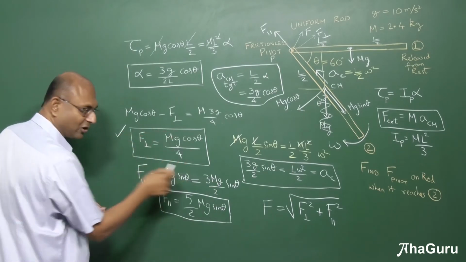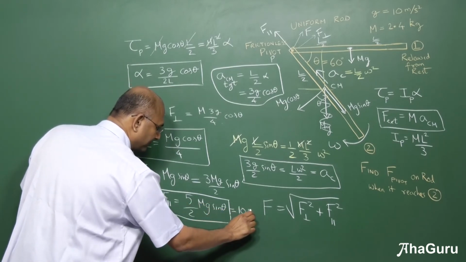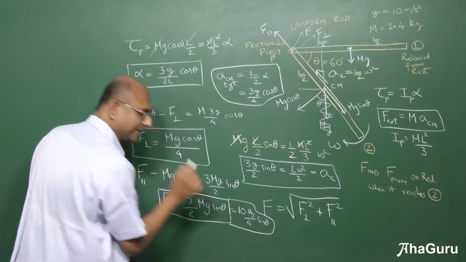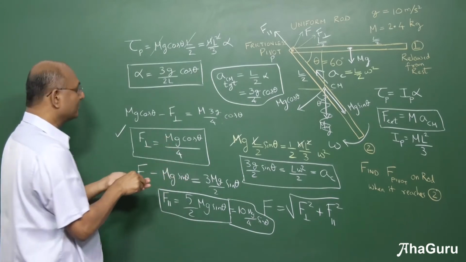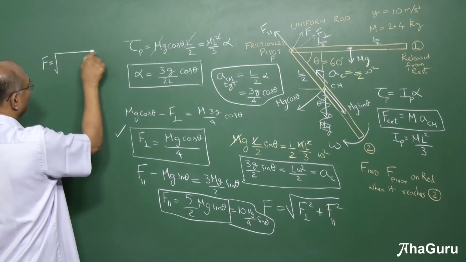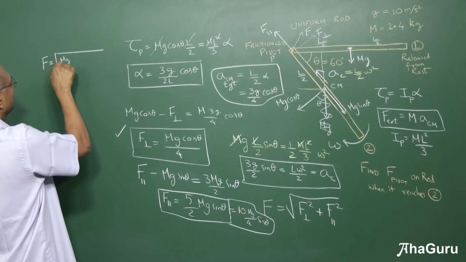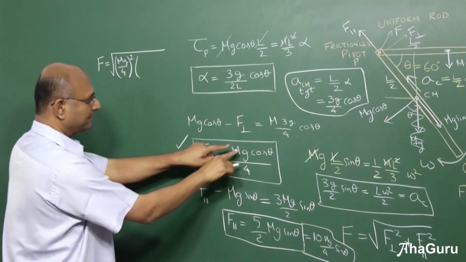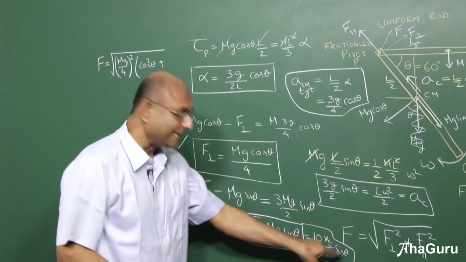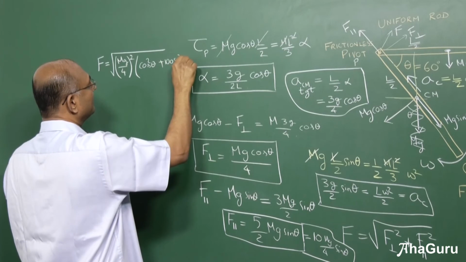You can see that the mg is common. So in fact, let me rewrite it for convenience as 10 mg by 4 sine theta. You will see in a minute why that is the case, because you see that mg by 4 is common. So when I try to combine it together, I can write F is equal to root of mg by 4 square, mg by 4 square cos square theta plus 10 sine theta square, which is 100 sine square theta.